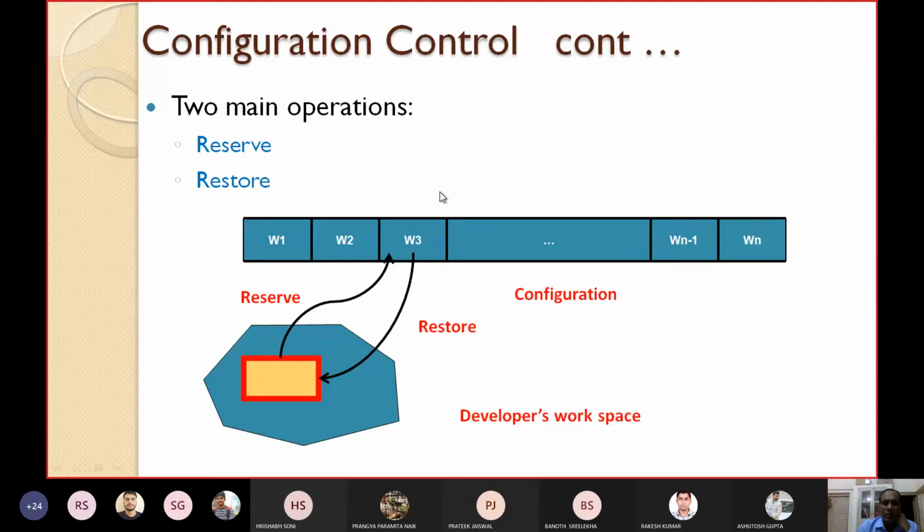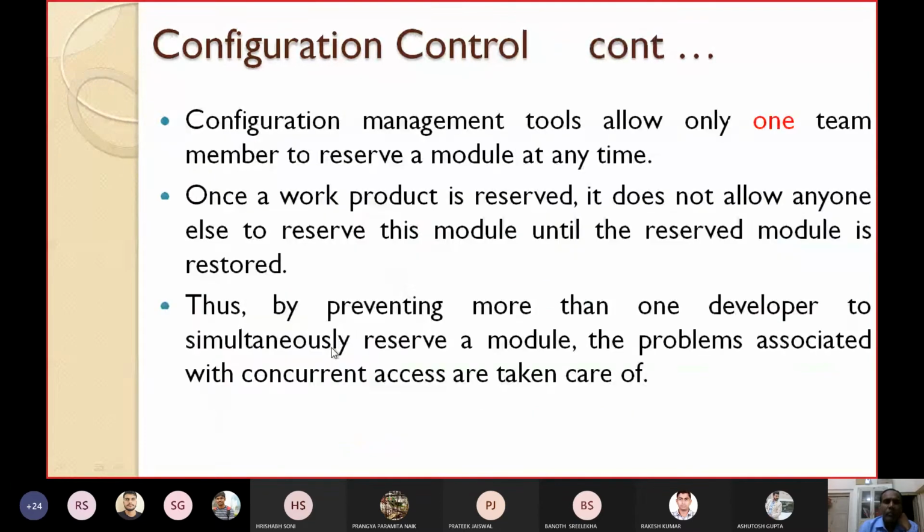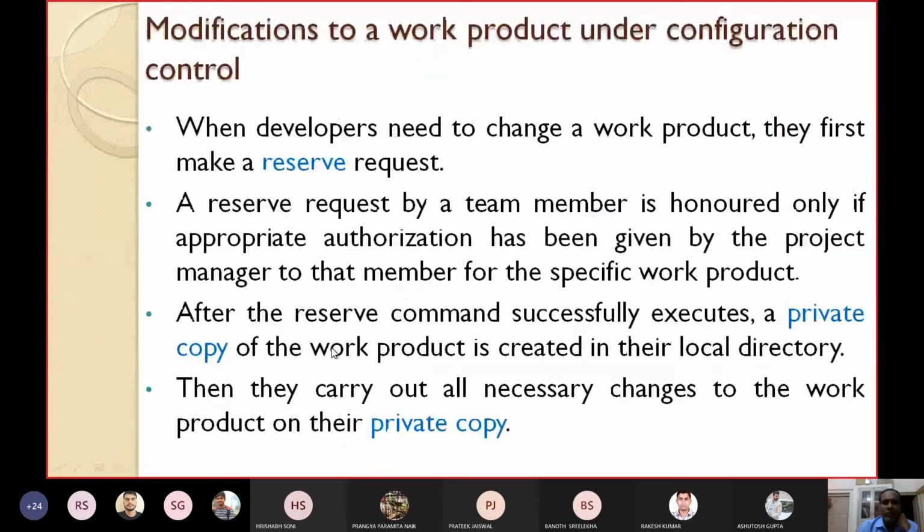So he will grant permission, he will give access, and the developer will get a private copy of W3. Now he will work on the modifications. When his modification is done, it will be tested. Then if everything is okay and the project manager is satisfied, this old version of W3 will be replaced with the new version.